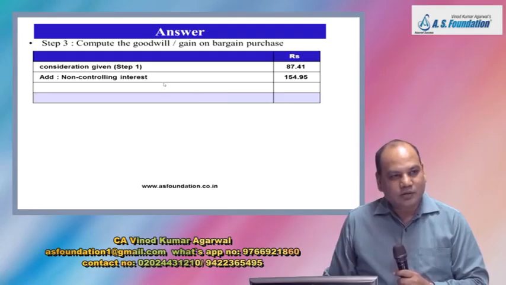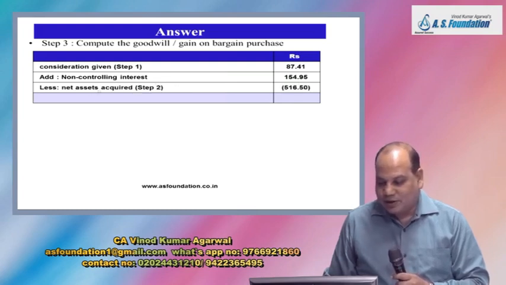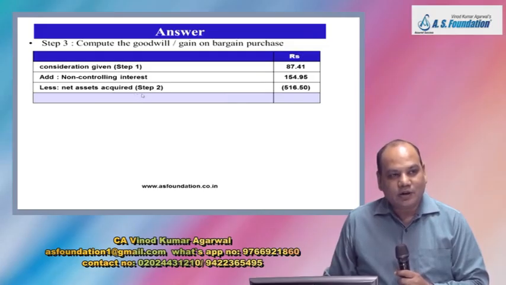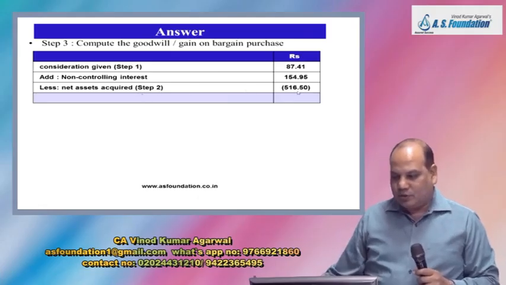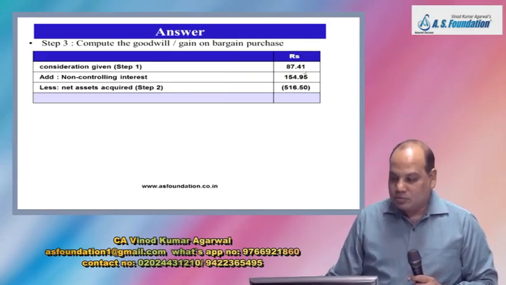How much? 154.95. Less identifiable net asset acquired, 516.50. Step number 2. This NCI is also step number 2. A plus B minus C.